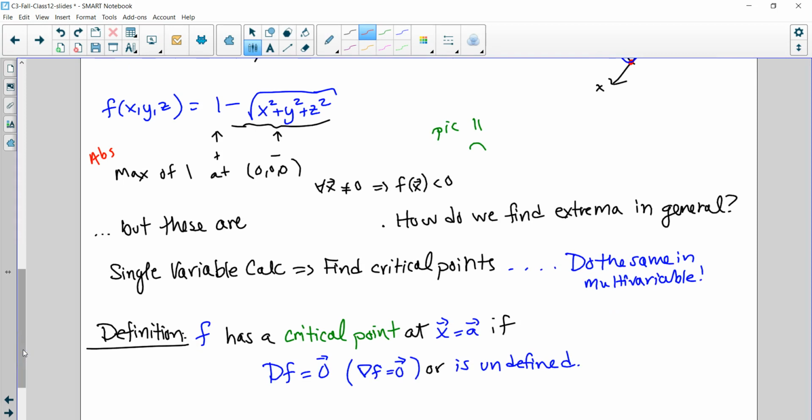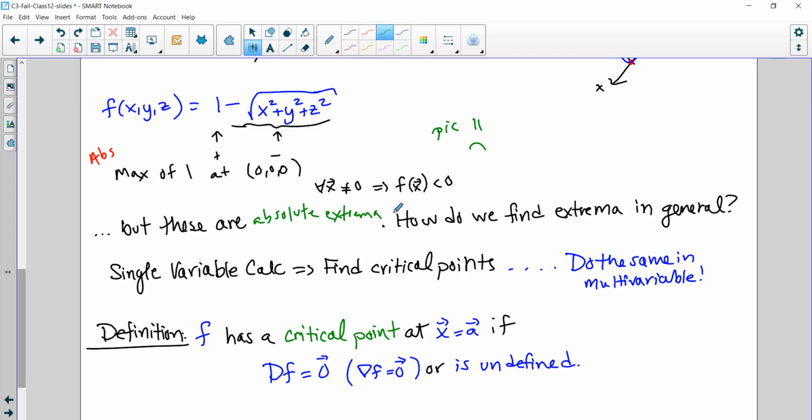These are actually not just local, these are absolute extreme values, right? That's what we ended up finding. So, absolute extrema.